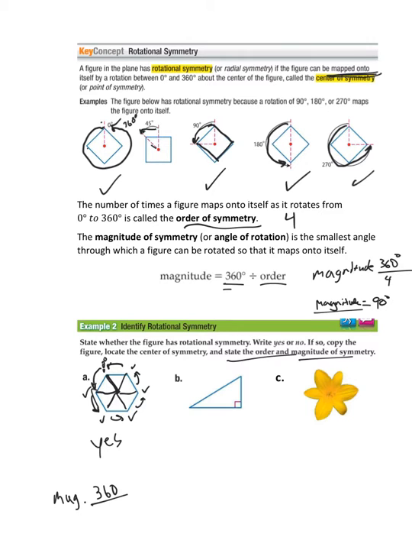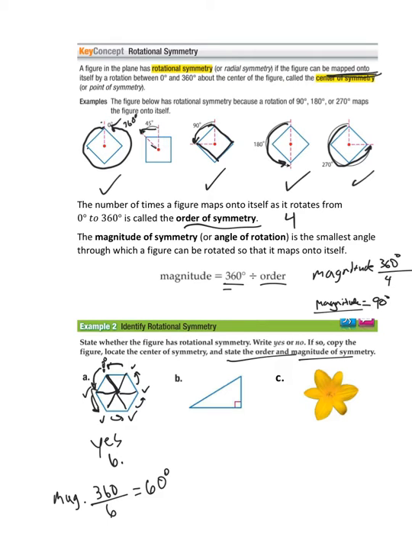I'm sure you've already got this before me. 6 times, guys. 6 different vertices there. Its order is 6. I apologize if I tripped you up there. Order is 6. Yes, what you were thinking, Mr. Hartman's crazy. It's true. So 360 divided by 6. The magnitude here is going to be 60 degrees. Order 6, magnitude 60.